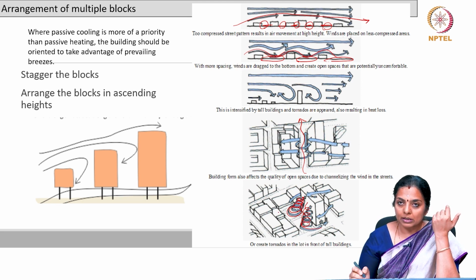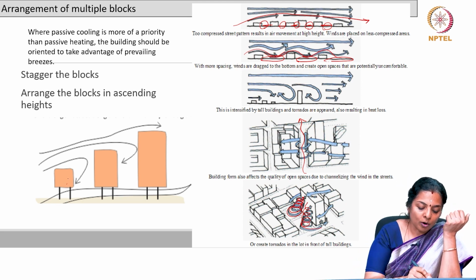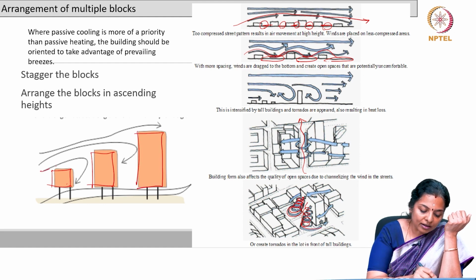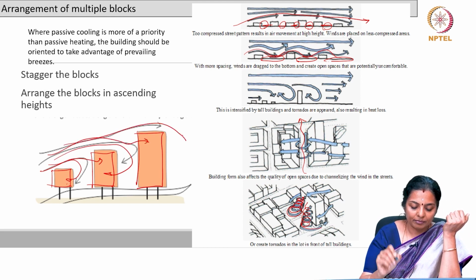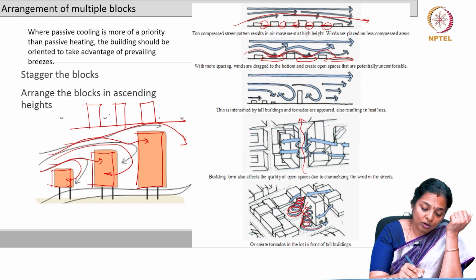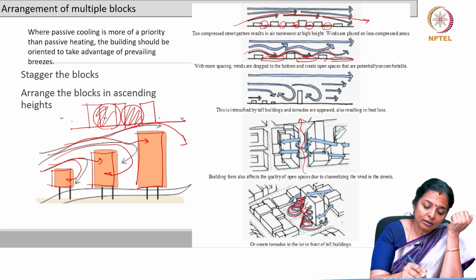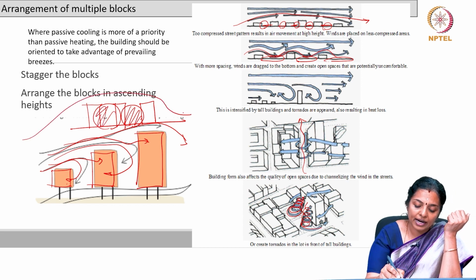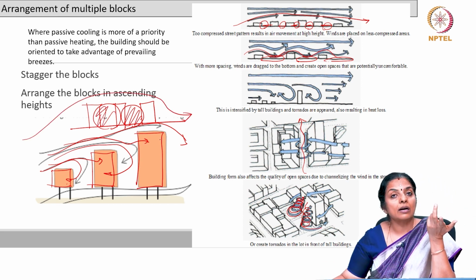So, building form is very important, and it is important that the buildings are placed in ascending heights so that all the spaces benefit from the wind, instead of having all blocks at the same height, which can cause a wind shadow region in between the buildings, as the wind would slip and move on top, because wind is after all a fluid.